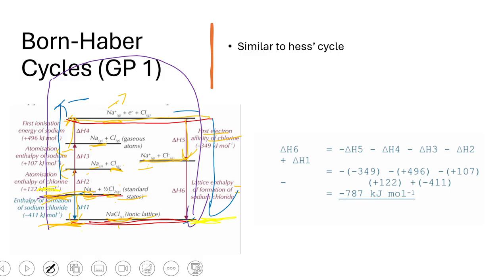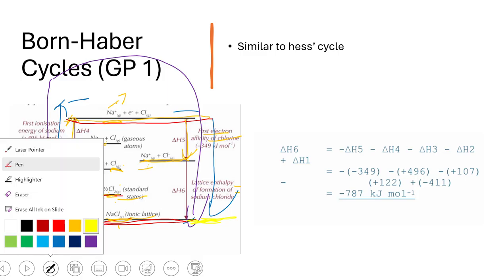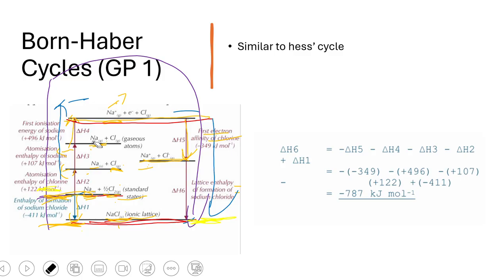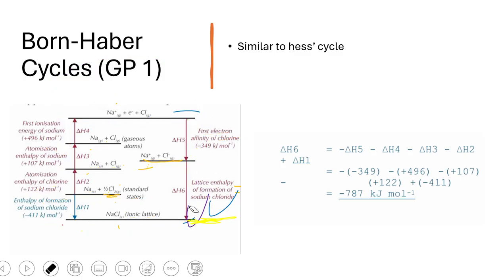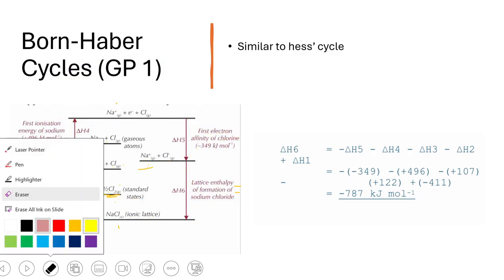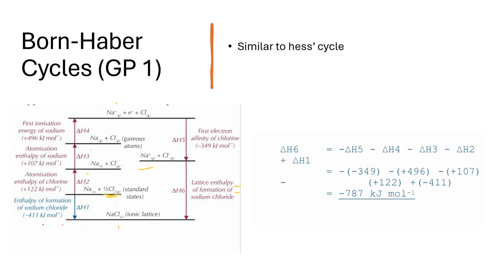So assuming we gave you the enthalpy, let me clean the markers on it. If we were given the value for the enthalpy of formation, we are given this value and also the value for all of them except the lattice enthalpy of formation of sodium chloride.